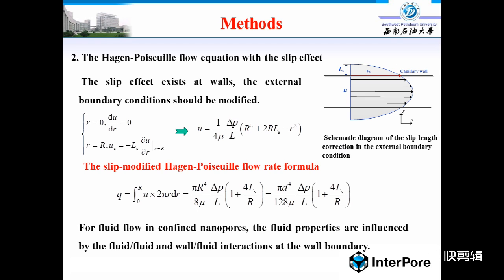If the slip effect exists, the boundary conditions should be modified. So then, the slip-modified Hagen-Poiseuille flow rate formulation can be obtained. Fluid properties are influenced at the wall boundary.